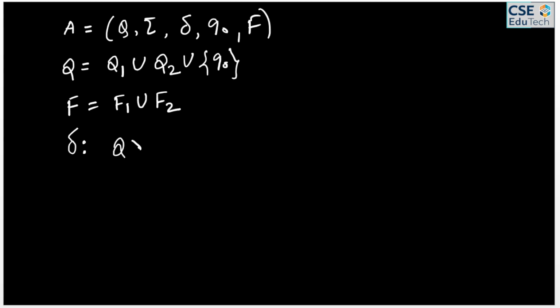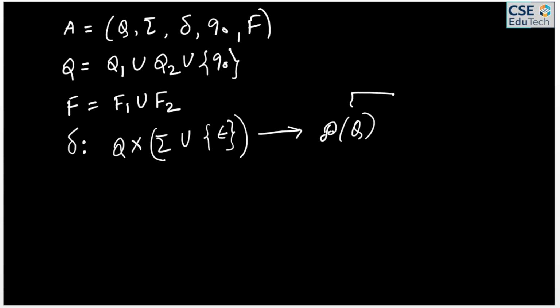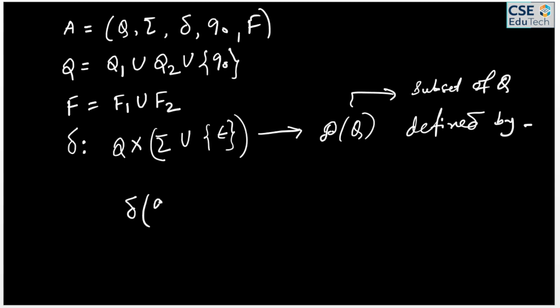It is a mapping from Q cross sigma union epsilon to a subset of Q. That is, delta maps Q cross sigma union epsilon to subsets of Q, and it is defined as follows, where q is any state and a is any symbol from sigma union epsilon.